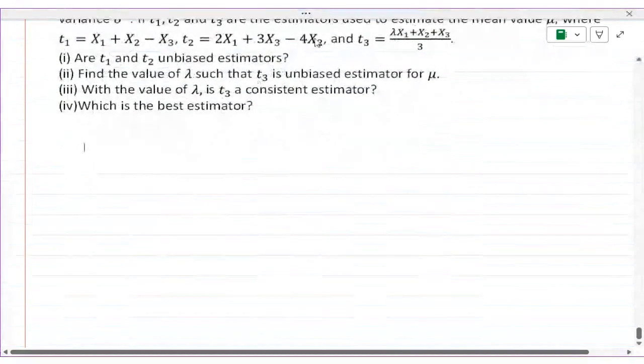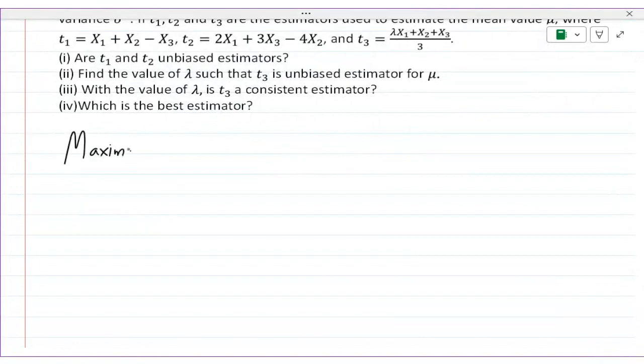Okay. So the next topic is maximum likelihood estimator.